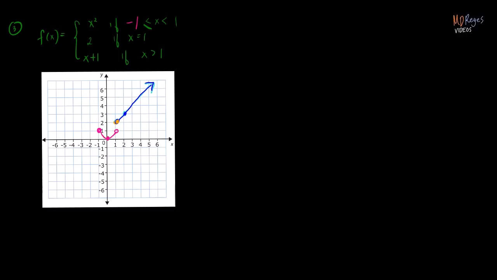This is still the vertex at the origin. -1 included, but positive. So we have here a shaded circle, and then we have here an empty circle, just because +1 is not included in the interval of the first function. Alright?